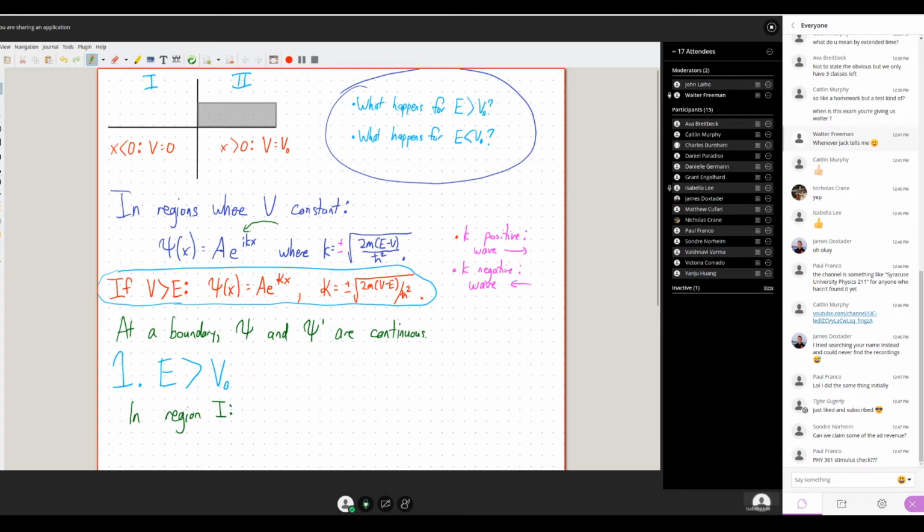So the i that's present here comes from the solutions of the Schrodinger equation. And the fact that there's no i here is because we have an imaginary k, and the i from the imaginary k cancels the i from the Schrodinger equation.